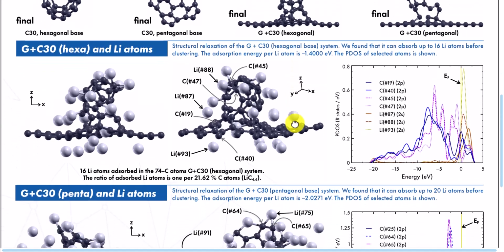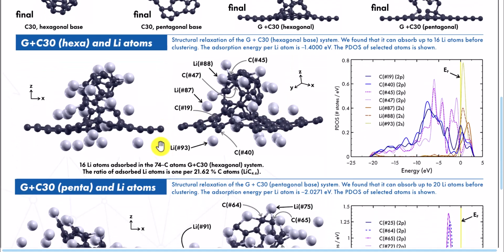After that, we started saturating the system by including one lithium atom at a time, and then letting it relax and observing how many lithium atoms we could add before any clustering was observed.